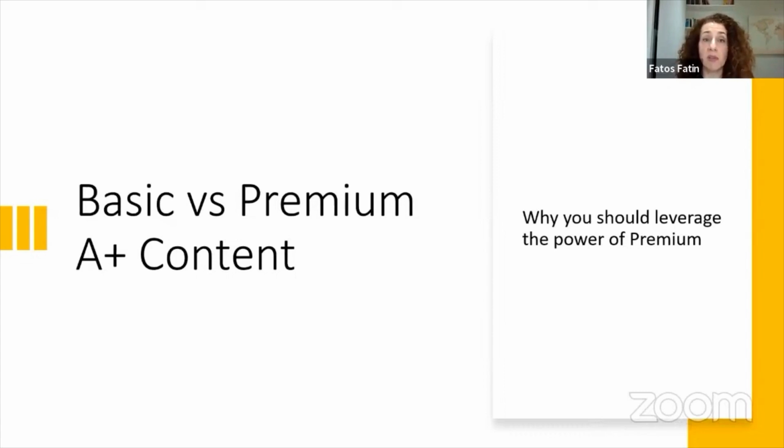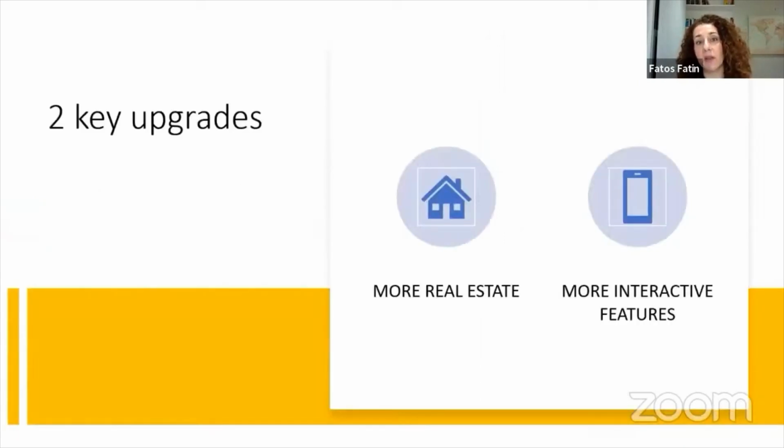So premium versus basic A+ content. Until last year, actually, premium A+ content was only available to really big brands, and everybody else had basic A+ content. And then it's now become available to all brand owners, subject to a few criteria, which I will talk about at the end of the presentation.